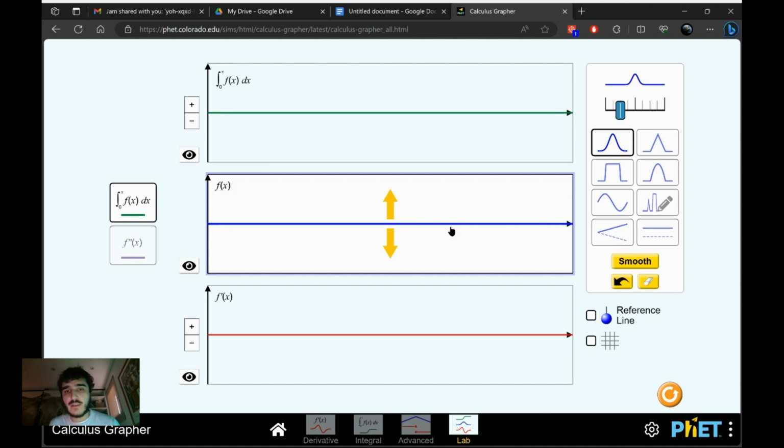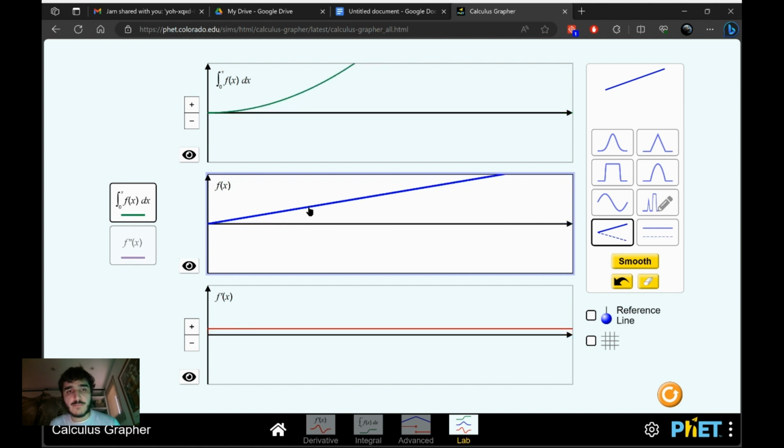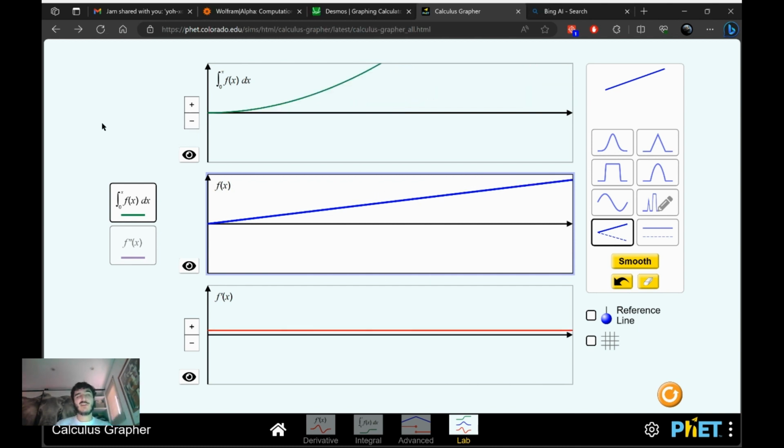So we had the integral of 2t, right? If we make it a bit slanted like that, we can now clearly visualize that the integral of 2t is going to be t squared. We can see right here. Looks very nice. It's a parabola. It makes sense with what we calculated.